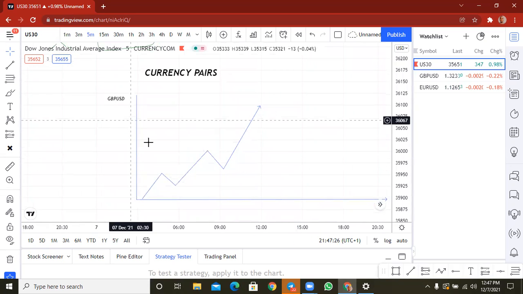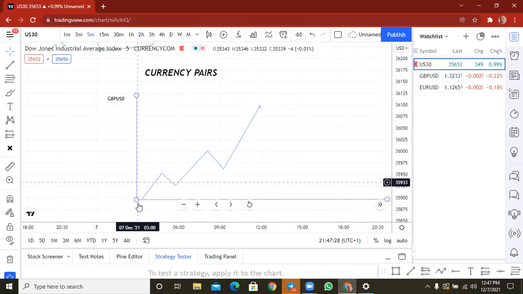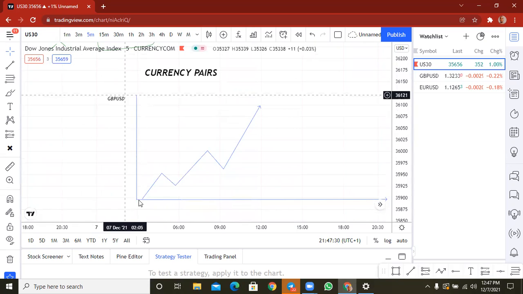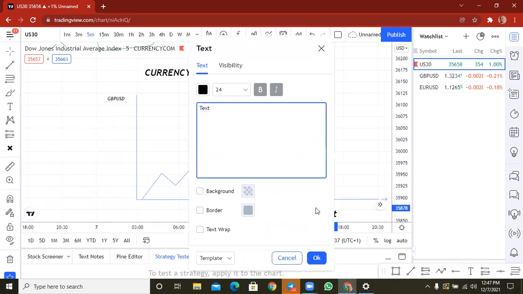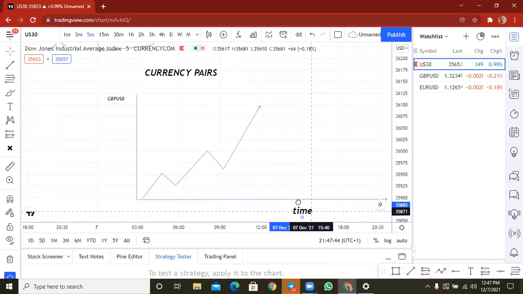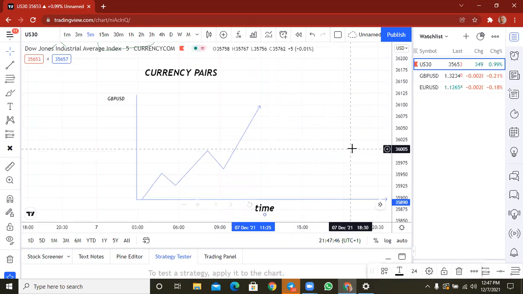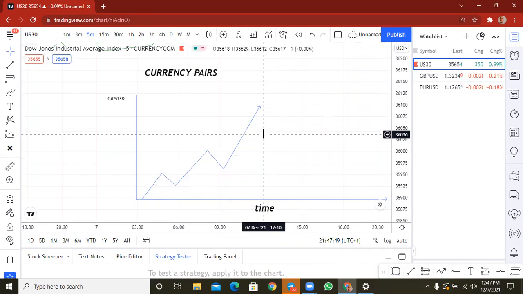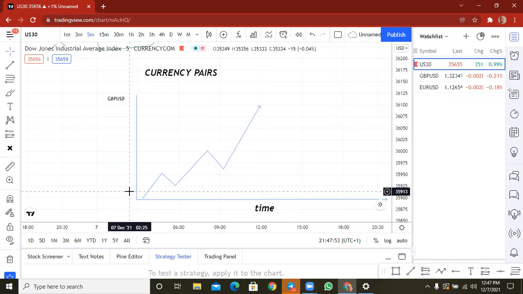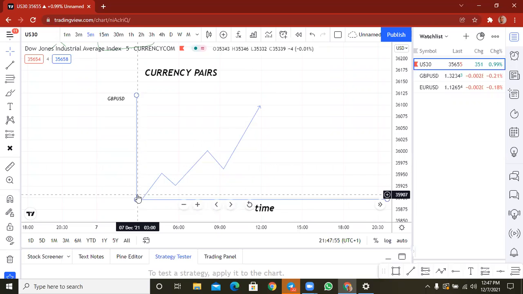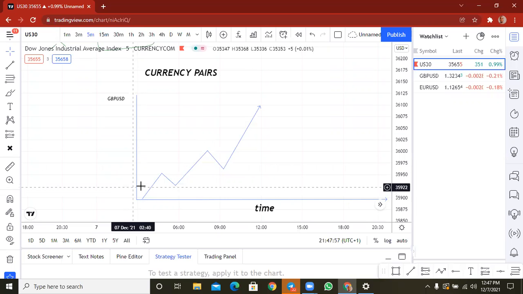So now, this is the normal graph you have been taught in school, and the y-axis, which is the vertical point, represents the GBP USD, and the x-axis represents time. At what period of time did this happen? How long has it taken? So here is time, here is the value of the currency, and right here you can see different prices.